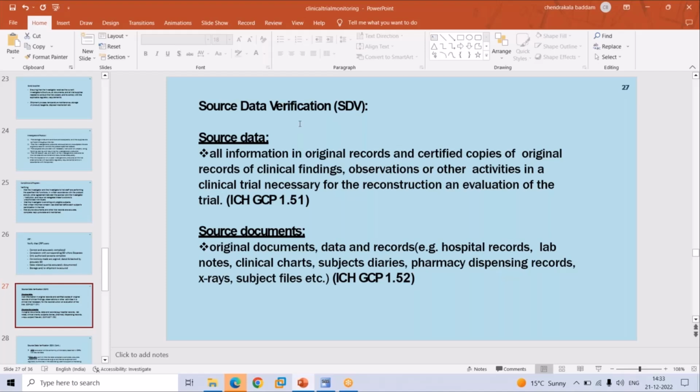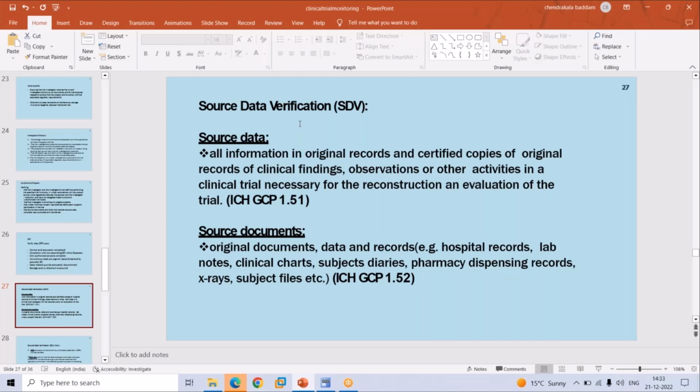Source data you already know: all information in original records and certified copies of original records of clinical findings, observations, or any other activities in the clinical trial, which is important for the reconstruction and evaluation of the trial.